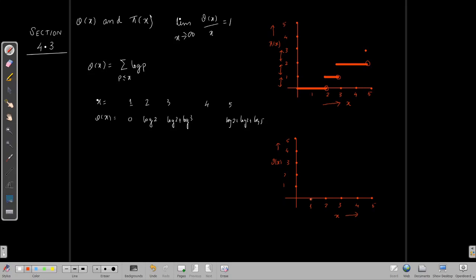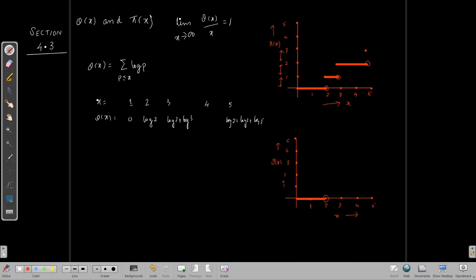Up to the prime number 2, we have value 0, as in the case of phi of x, and at the point 2, the value is log 2.